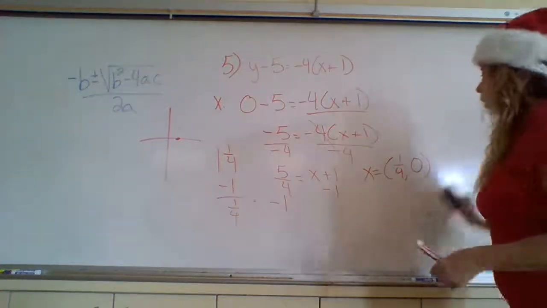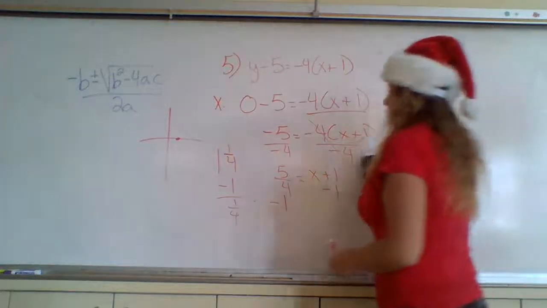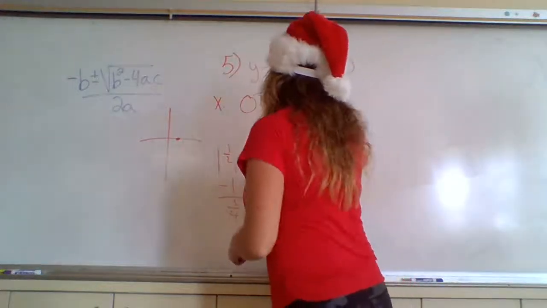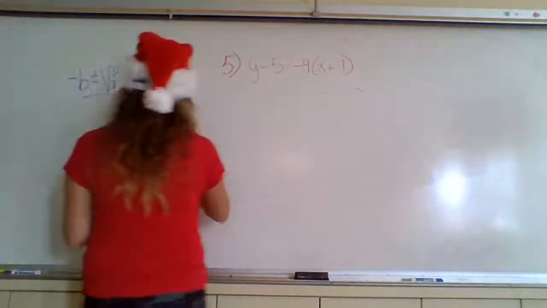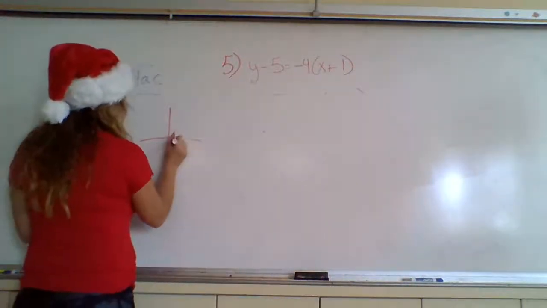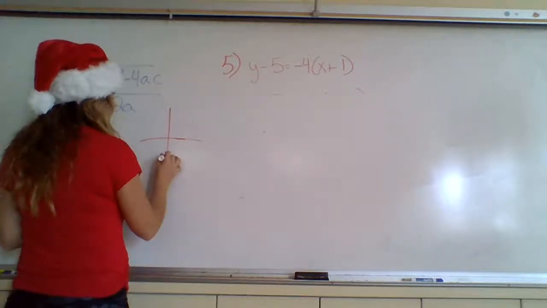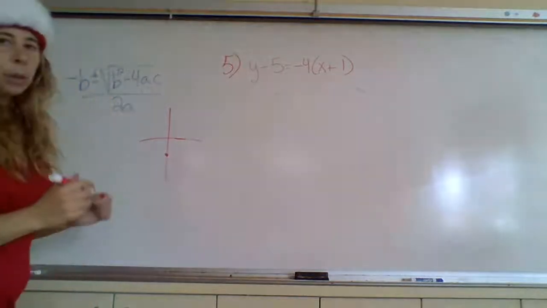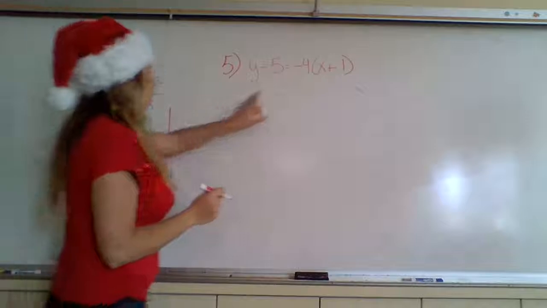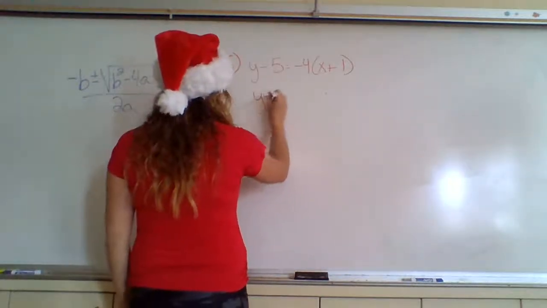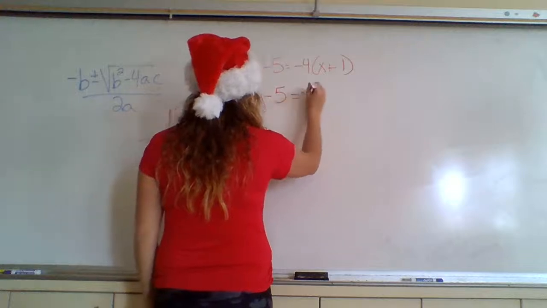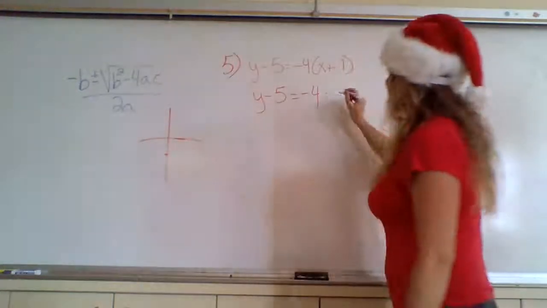Your y-intercept, on the other hand, so now we're finding where our graph crosses the y-axis. So x is 0, so substitute 0 in for x. So I have y minus 5 equals negative 4, and then substitute it in.